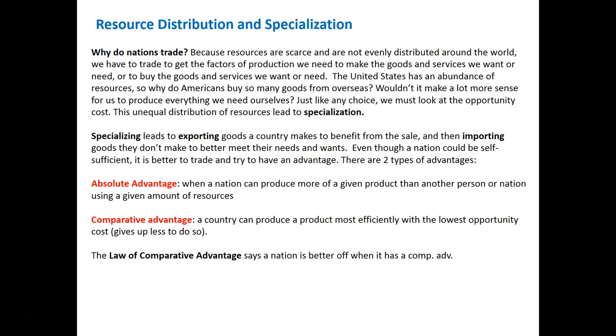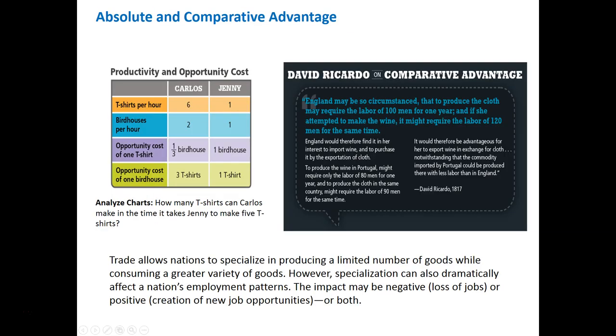And so the law of comparative advantage is going to be very important as we move forward. And so this slide goes into a little bit on what a comparative advantage is, looking at David Ricardo's quote, who is a classical economist. And then giving you a breakdown between Carlos and Jenny.